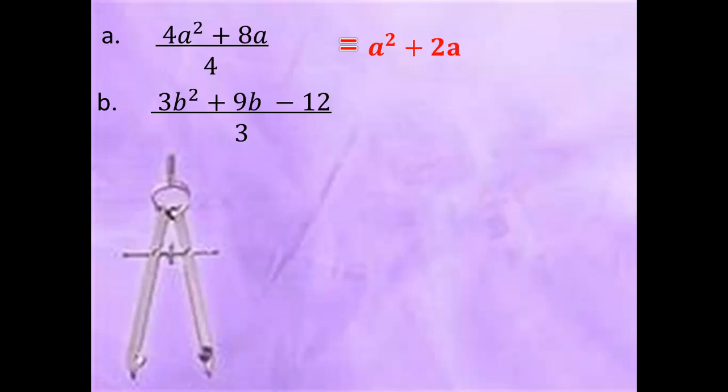And then you have the variable b, so 3b. And negative 12 divided by 3 is 4. So your final answer will be b squared plus 3b minus 4. Okay, so please write that one in your workbook.